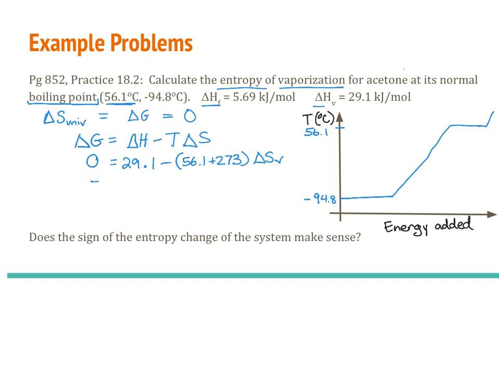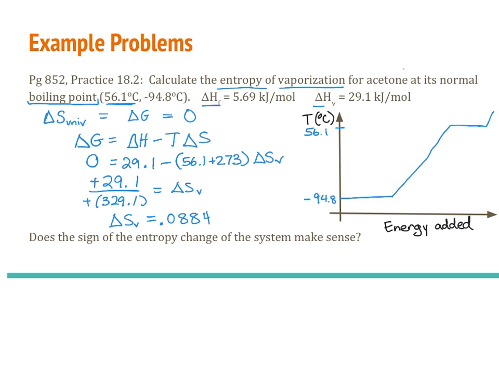So negative 29.1 divided by negative, this would be 329.1. Delta S of vaporization, that becomes positive. And when I divide those, I get delta S of vaporization is equal to 0.0884.